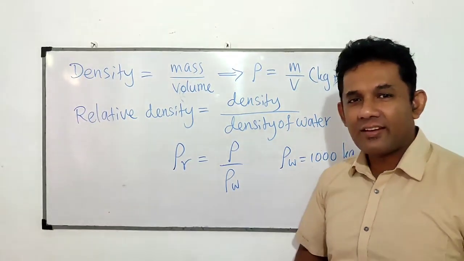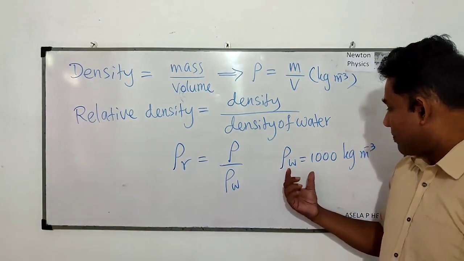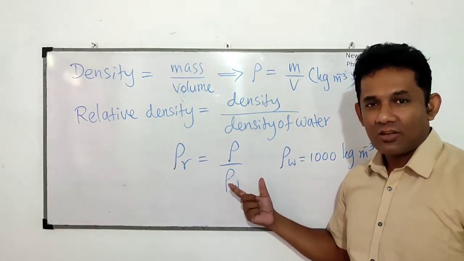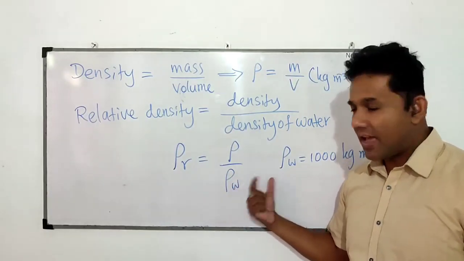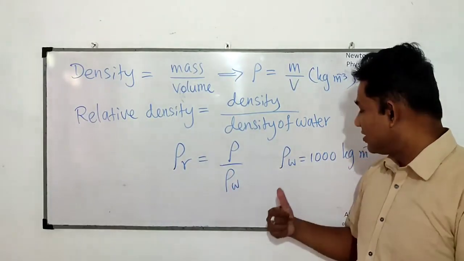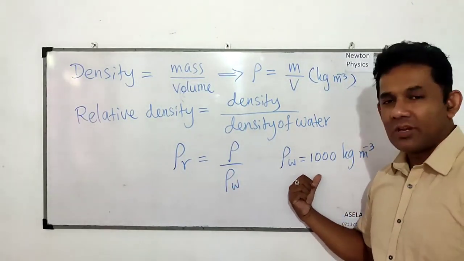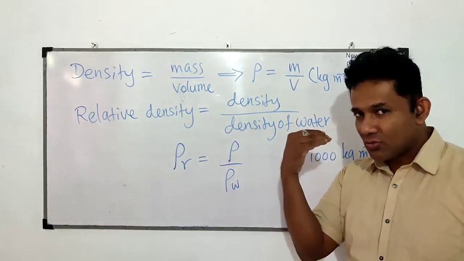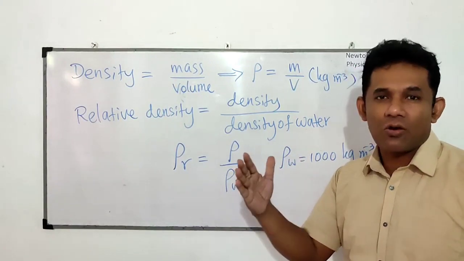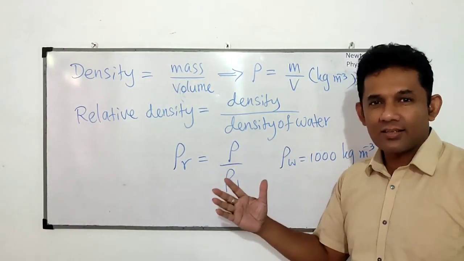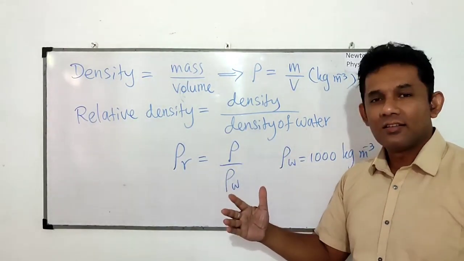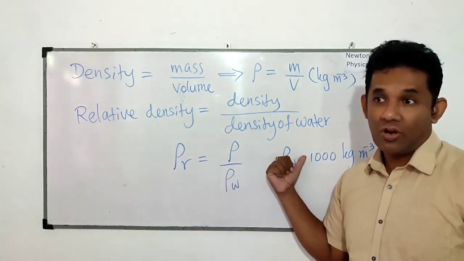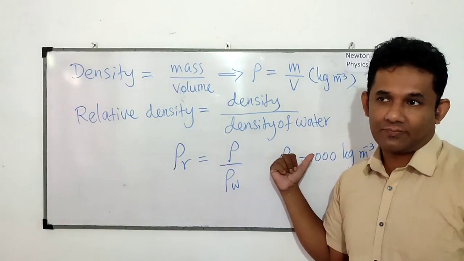But don't forget that practically, if we measure the density of water in the laboratory, normally we get a value lower than 1000 kilograms per cubic meter. The room temperature is nearly 27 degrees Celsius, so the effective density of water changes due to expansion of water.